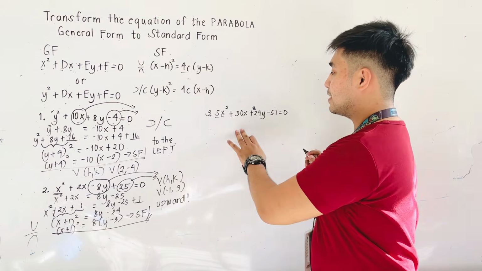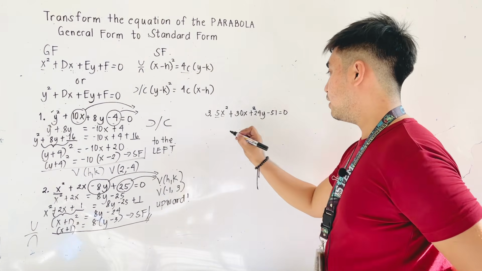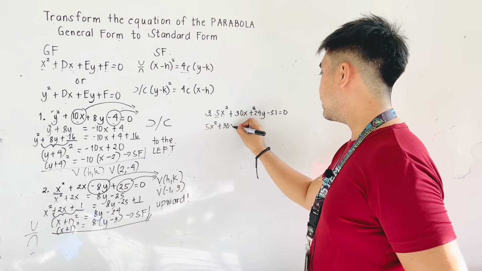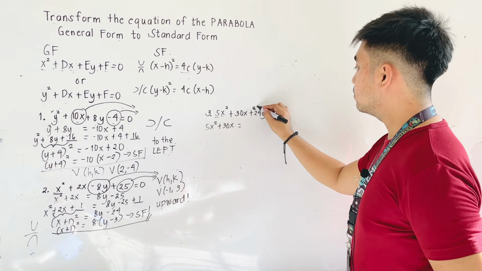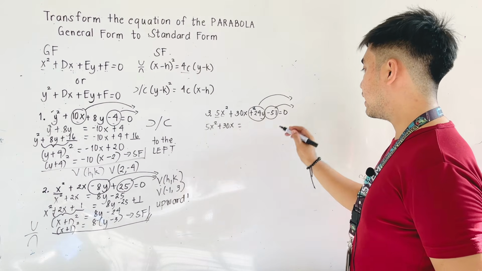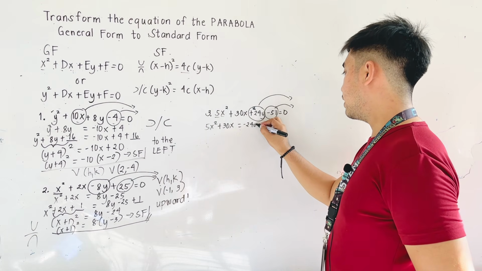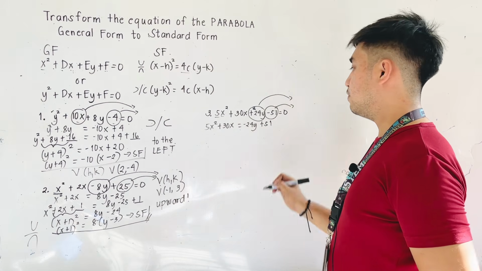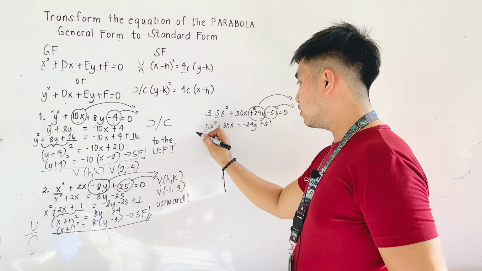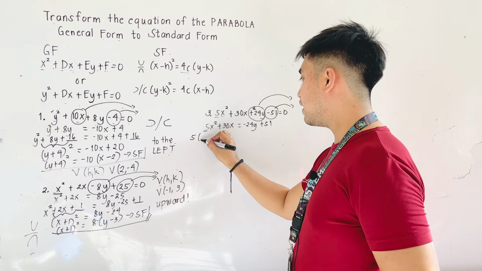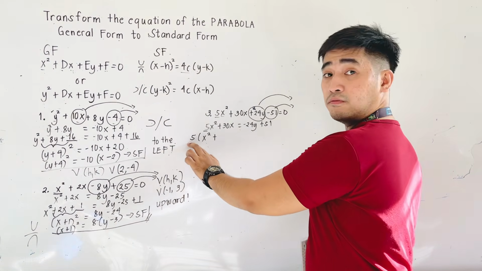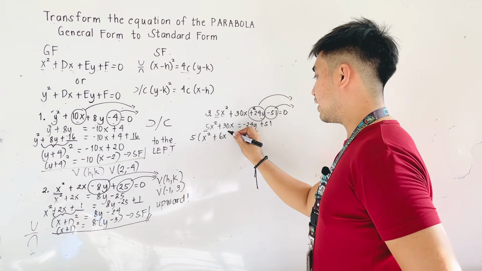So let's gather all x to the left side, and this becomes 5x squared plus 30x is equal to, gather all y's and the constant to the right side, negative 24y plus 51. Factor out the coefficient of x squared, therefore it becomes 5 times x squared plus 30x divided by 5 will give us an answer of 6x.